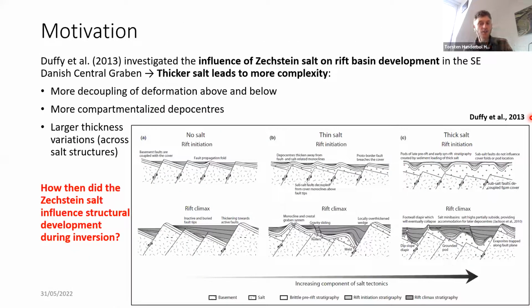What initially inspired me to work on the connection between inversion and salt was that I came across the paper by Duffy and colleagues from 2013, where they studied the influence of Zechstein salt on rift basin development in exactly this area, using more or less the same seismic data as I did, and that led to this very beautiful conceptual sketch of developing rift basins with various amounts of salt.